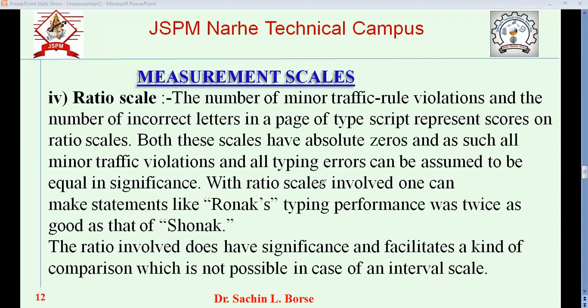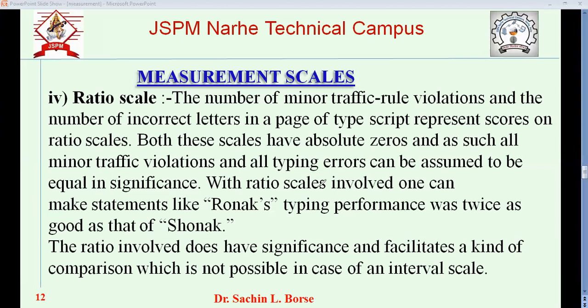Like earlier, it was not possible to compare 60 degrees and 30 degrees. We cannot say that 60 degrees Celsius is double that of 30 degrees because the degree Celsius scale does not have the true zero. But when it comes to mistakes, we can find the mistakes and count them. When there is no mistake, it is zero mistakes. When there are more than zero mistakes, then we can compare.